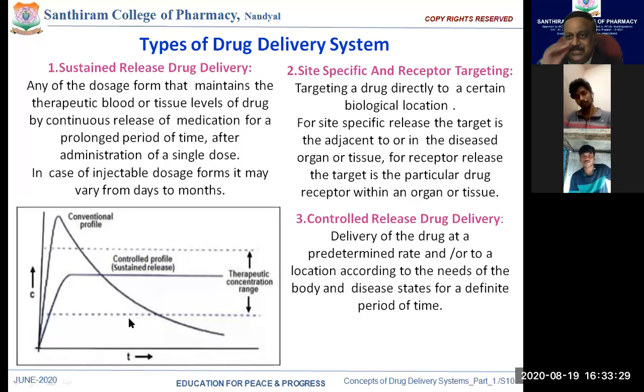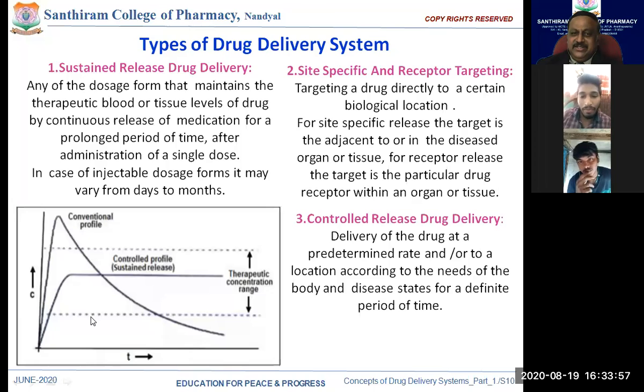If I ask you to explain in simple terms, how will you explain minimum effective concentration? In your own terms, you can tell me what is minimum effective concentration. The minimum amount required to show therapeutic activity.